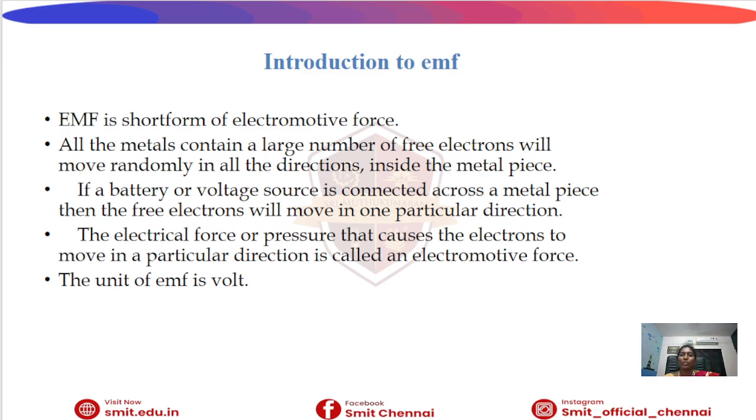What is the unit of EMF? That is nothing but volt, because we are giving a voltage source, a battery. So the unit of EMF is volt. You can give an example, just like water flows. Water flows due to the pressure difference. Similarly, the electric current also flows due to the EMF.